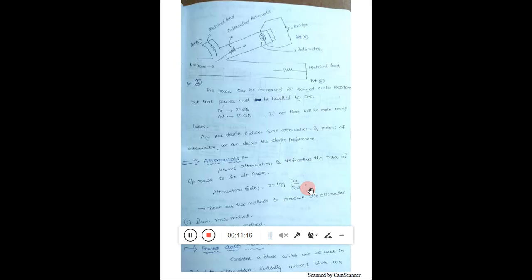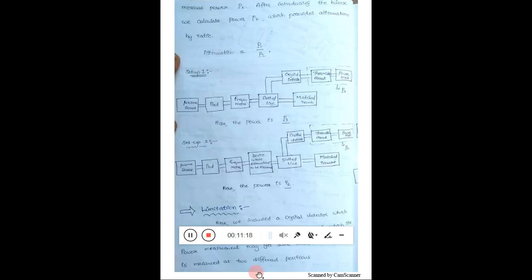It has one limitation: here we are utilizing a crystal detector, and when the position of the attenuating device changes, since the crystal detector gives non-linear characteristics, some error may occur. To eliminate that, the RF substitution method is used. In this case, the device whose attenuation we want to measure is placed between these two, and we measure the power first.